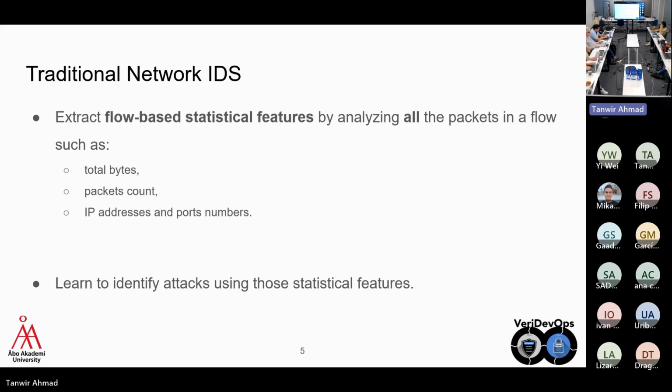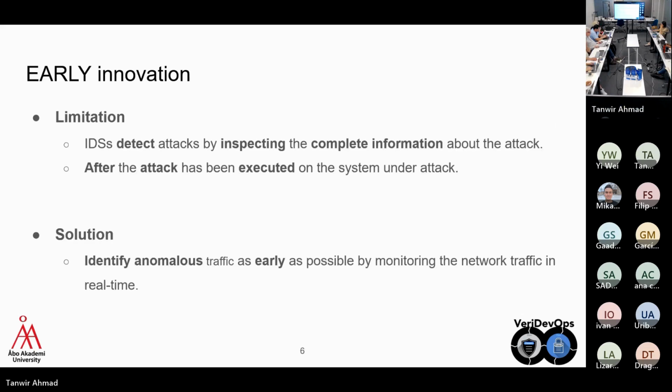This can be considered a limitation, because if we are waiting for the whole flow to complete and it was an attack flow, it means the attack has been executed completely and has caused damage to the system. So it would be ideal if we could detect an attack as early as possible and stop it from completion.